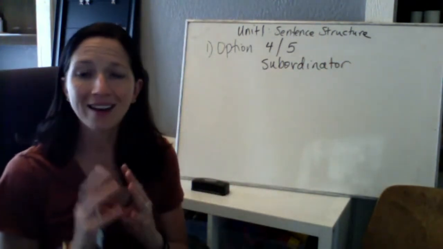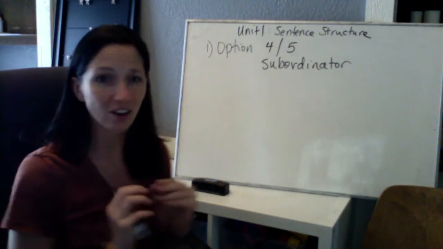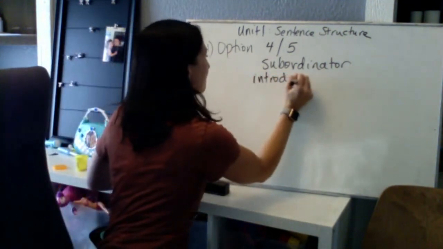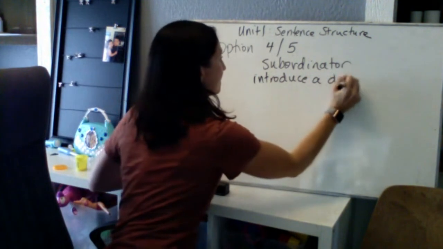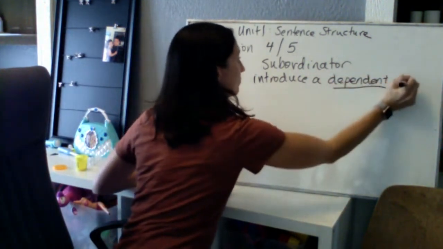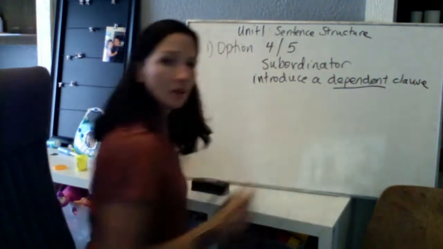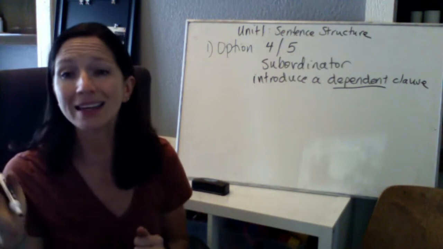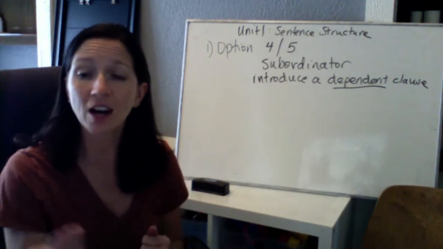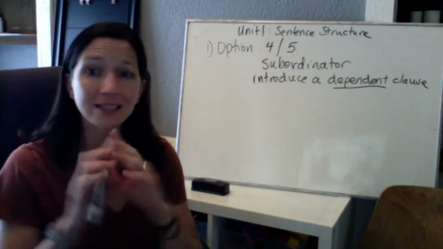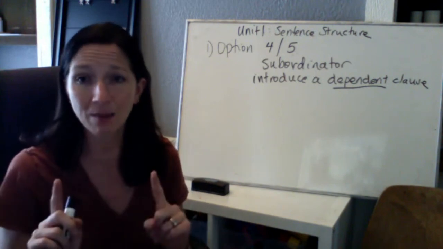Subordinators begin dependent clauses. What's a dependent clause? Well, the word dependent means someone or something that needs someone else, like a child is a dependent. And so a dependent clause is not a sentence, cannot stand by itself.